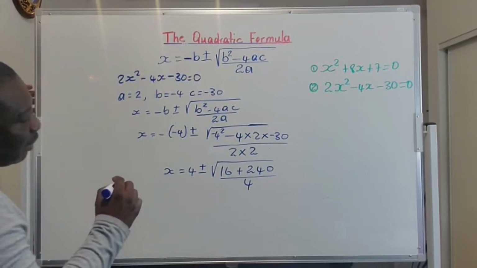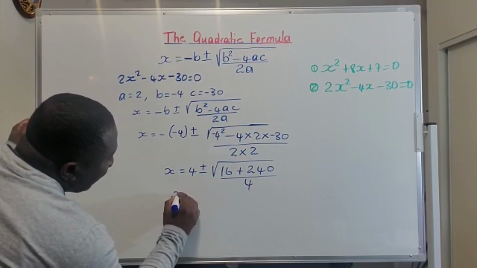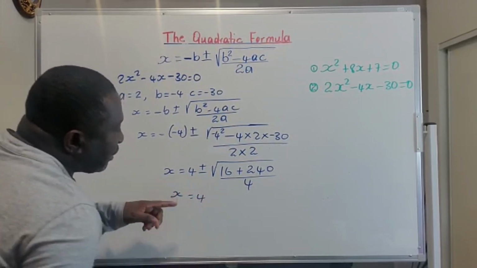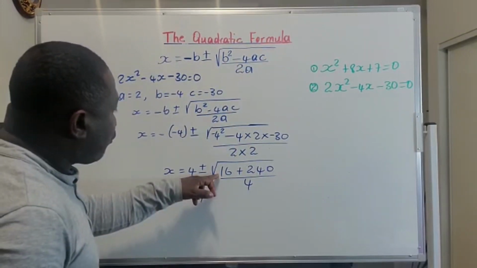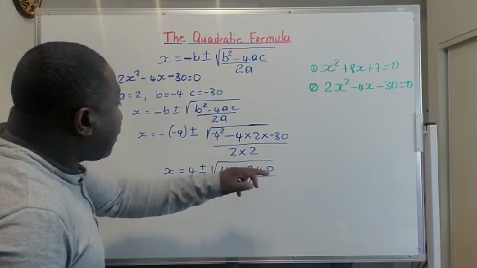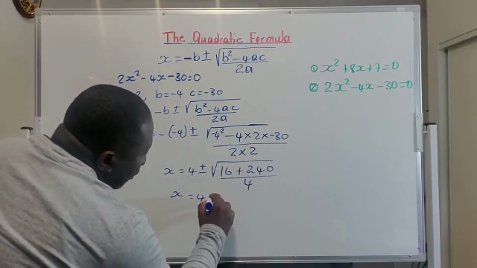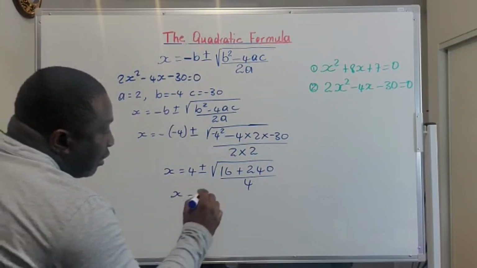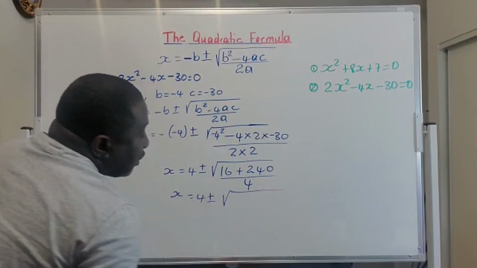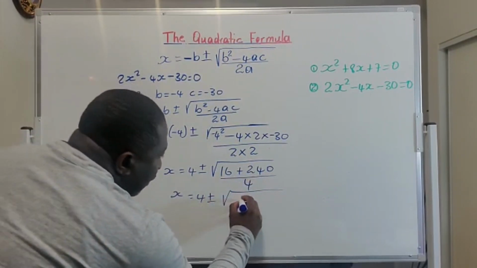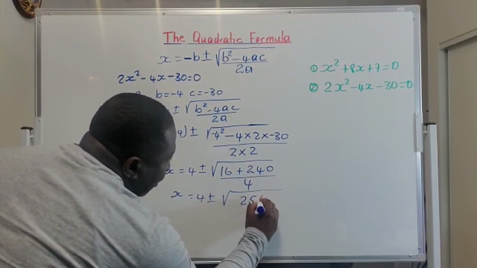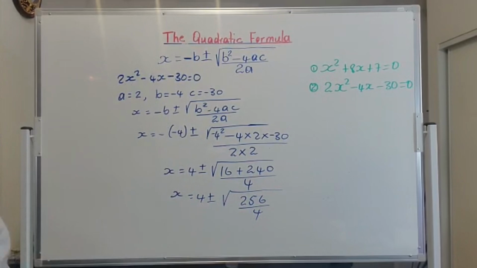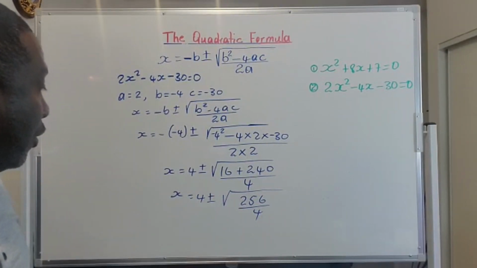Next, in terms of solving for x, x is equal to, maintain my positive 4, plus or minus, 16 plus 240 will give us 256 all upon 4.